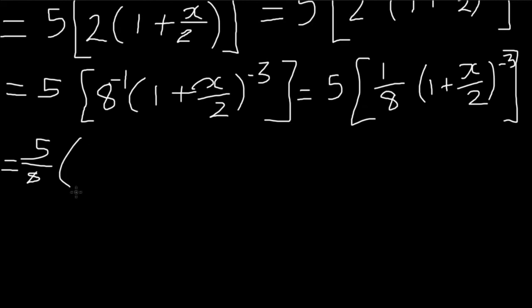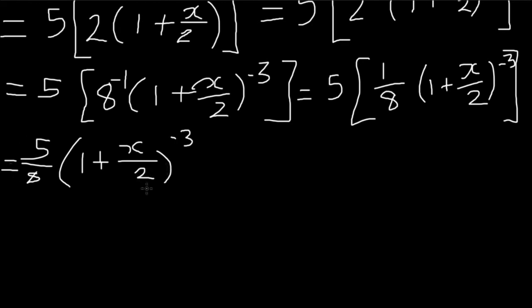And then 5 over 8, open brackets. Then this is going to give us 1 plus, I'm just rewriting what is in the brackets there, 1 plus x over 2, close brackets, to the power negative 3. So this is what we're going to expand here.